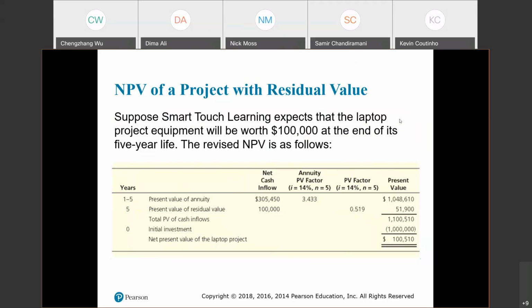To determine the laptop project's net present value, we discount the residual value of $100,000 using the present value of $1 table. I mean the first table.